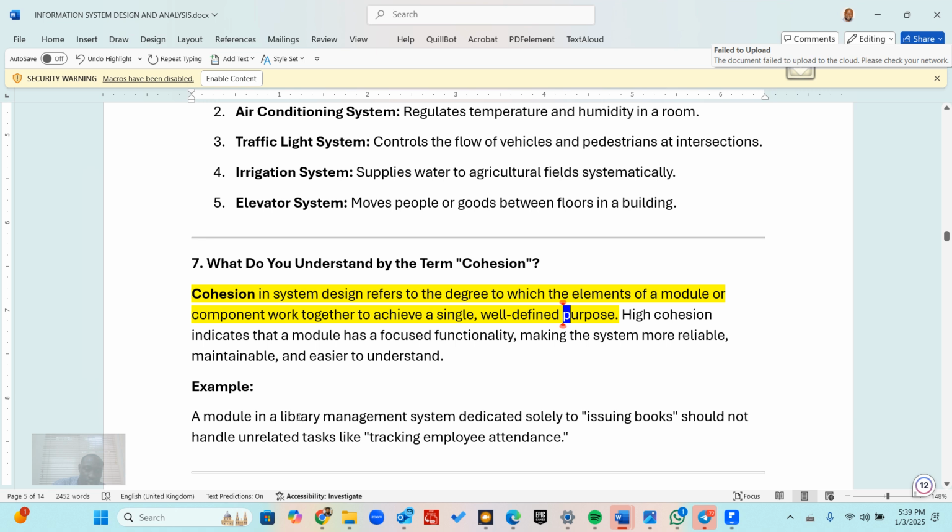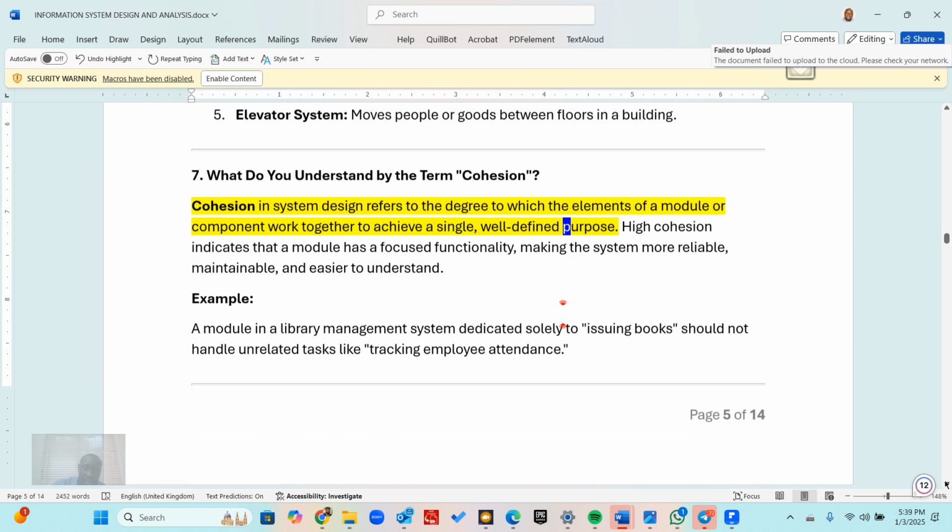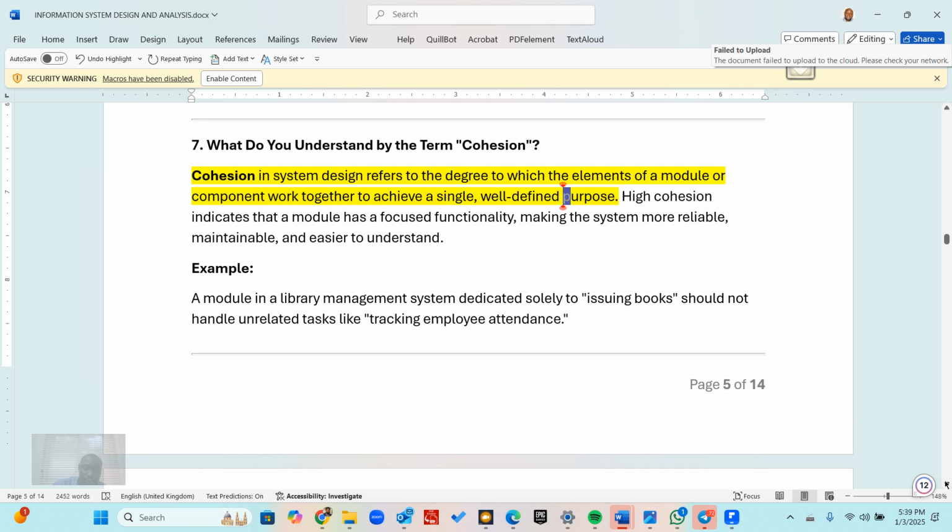A module in a library management system dedicated solely to issuing books should not handle unrelated tasks like tracking employee attendance. So when you've developed a module which has cohesion in a library management system, it's very good in what it does. It's focused functionality.